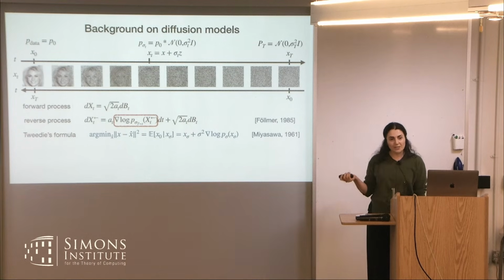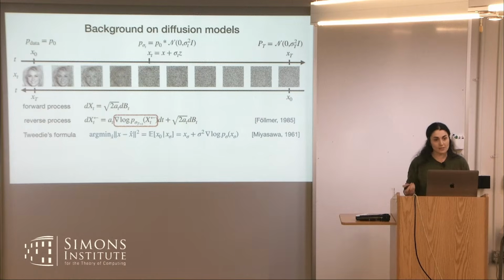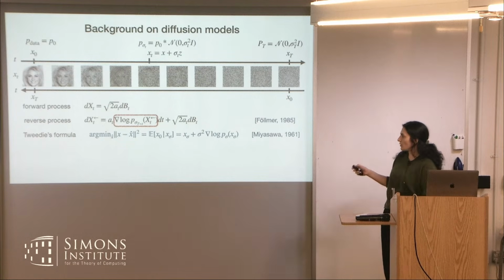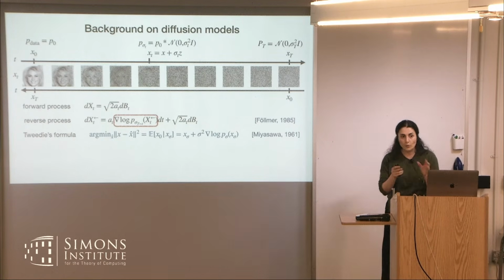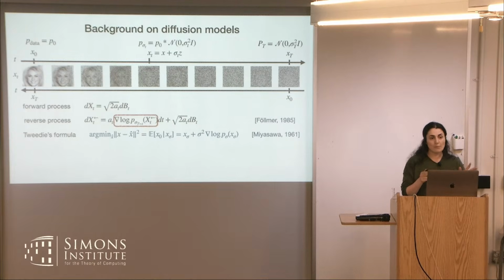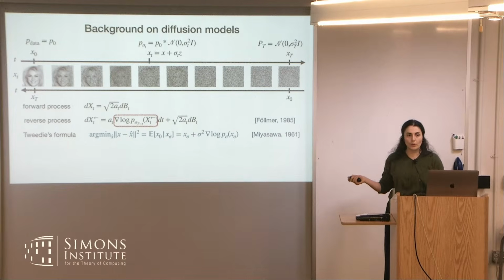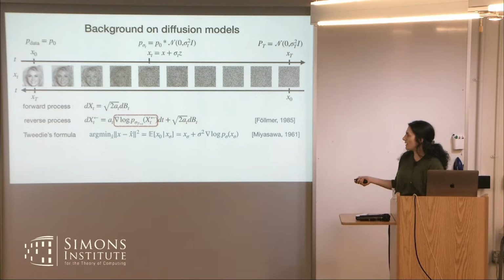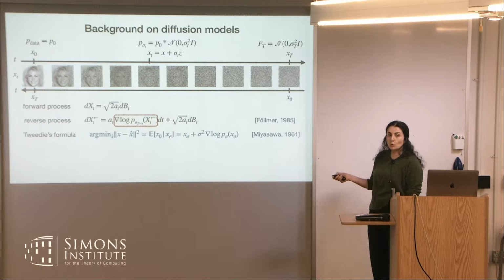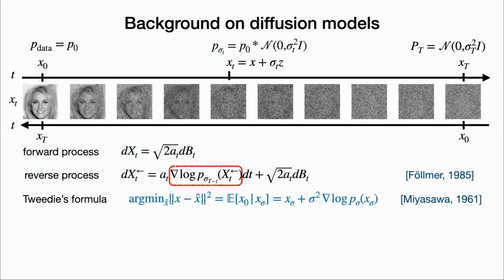We have this equation that is famous as the Tweedie or Miyasawa equation, which draws a direct link between the MMSE denoising solution and the score. So what does this tell us? It tells us that if you have a noisy image, x sigma, then the best estimator, if you want to minimize mean square error, is the conditional mean.